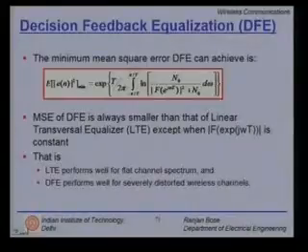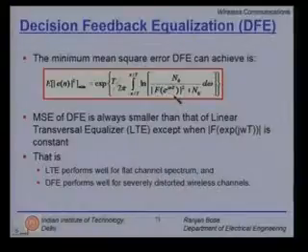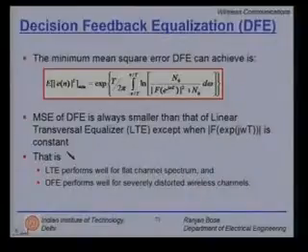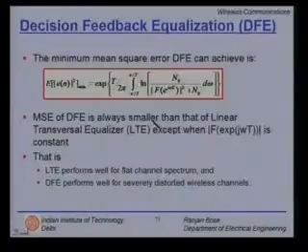But the moment you have severely distorted wireless channels with deep nulls in the spectrum, you have to have the decision feedback equalizer or a nonlinear equalizer to come to the rescue. What is important to note is the minimum mean squared error of DFE is always smaller than that of the LTE.